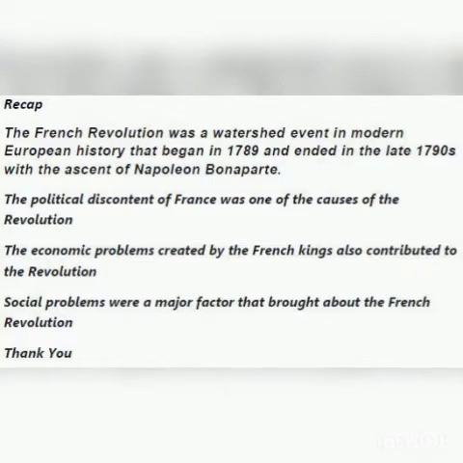The political discontent of France was one of the causes. The economic problems created by the French king also contributed to the revolution. And social problems were a major factor that brought about the revolution.